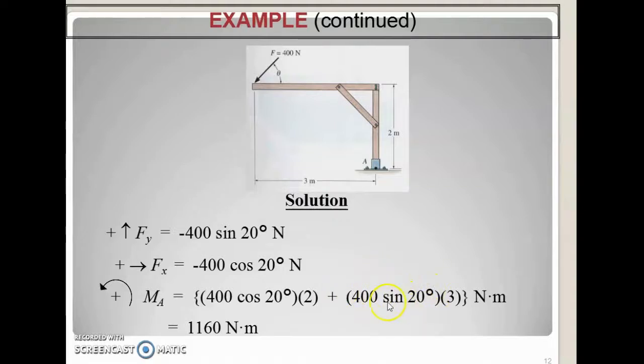The Fy is this one, 400 sine 20 degrees, and it is downward like this here. The perpendicular line of action of the force is in this part, along 3 meters from point A, because we want to find the moment about point A. So multiply with 3. The total of this moment is equal to 1160 Newton meter.